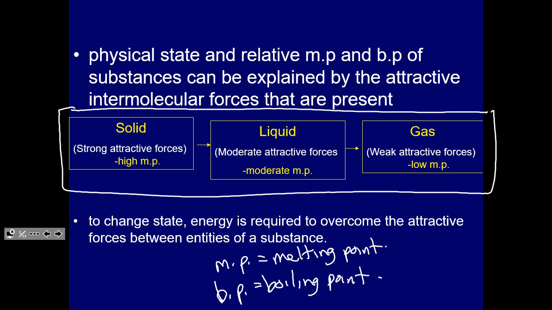But if I jump into a swimming pool and I try to run around and chase somebody around, I can work my way through the water, but it takes a little effort in that I have to work against the attractive forces of those liquid water molecules that they're being held together by, and therefore it takes me a bit to get through, and their melting point and boiling point would then be moderate somewhere in the middle.